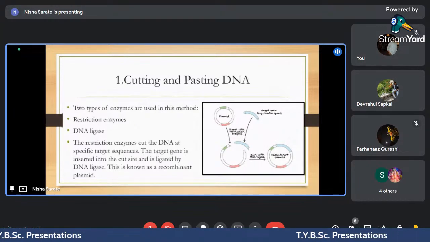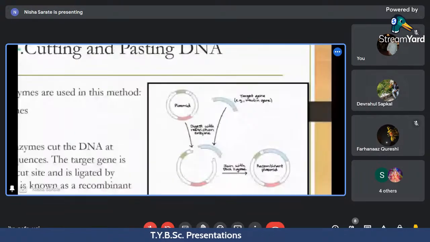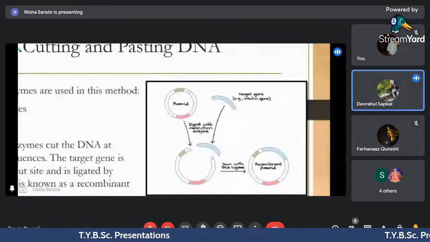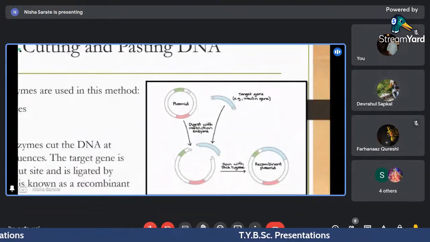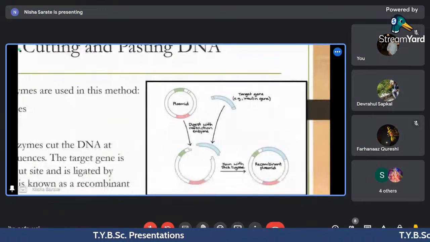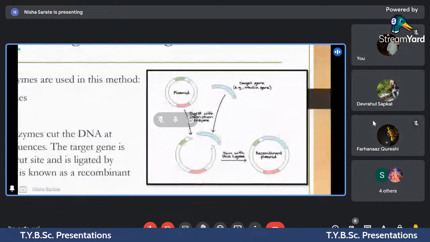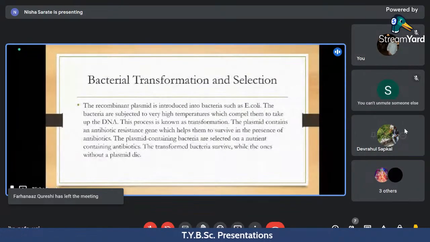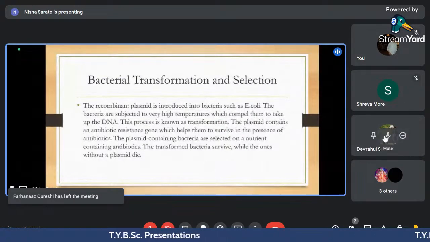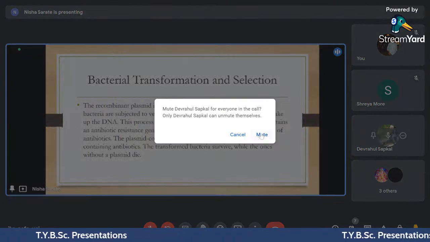So the specific target sequence in the plasmid, and the target gene is inserted with DNA ligase. So here is the recombinant plasmid. Bacterial transformation and selection. The recombinant plasmid is introduced into bacteria such as E. coli.